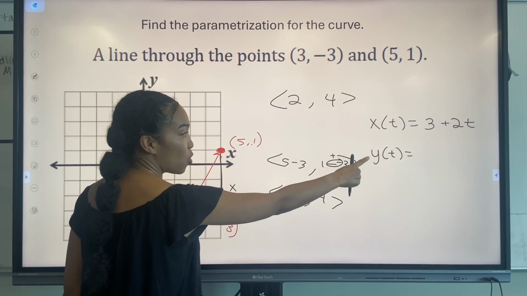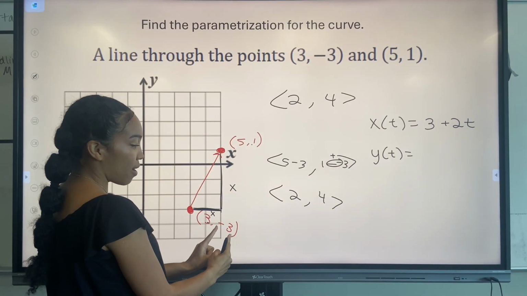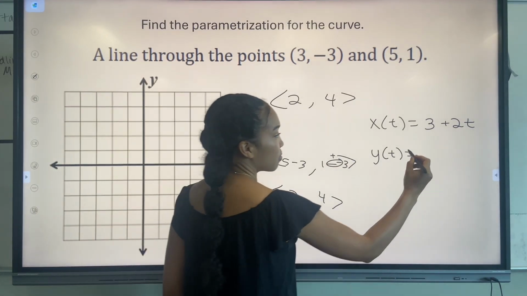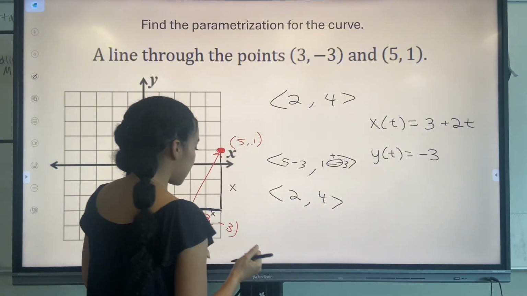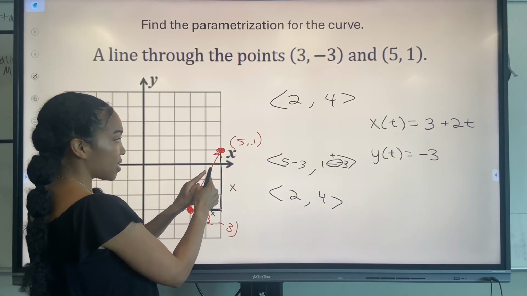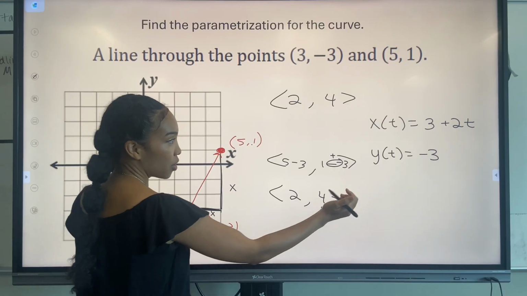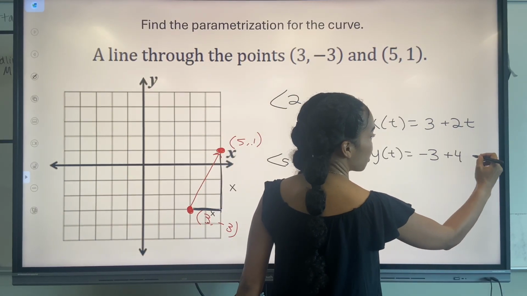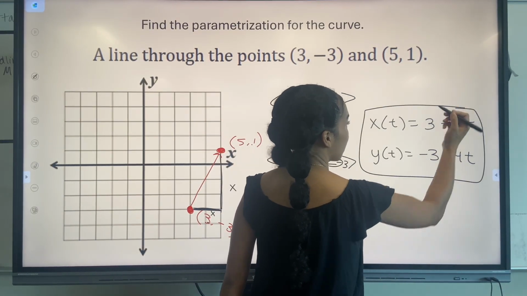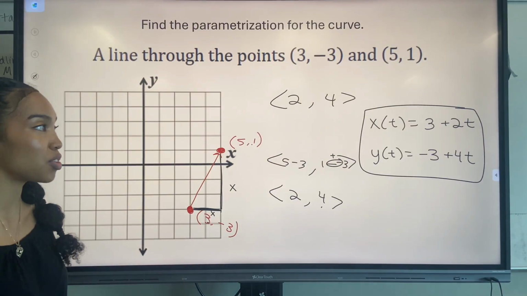For your y equation, start at your initial y value, which is negative 3, and to get from this point to the next point, you had to go up 4. So you're going to put plus 4t. That is how you get the parametrization of the line.